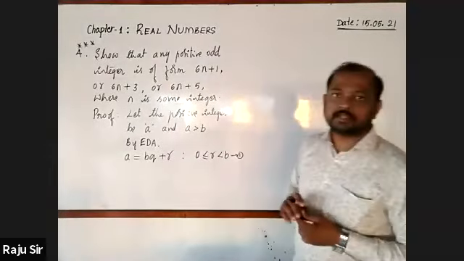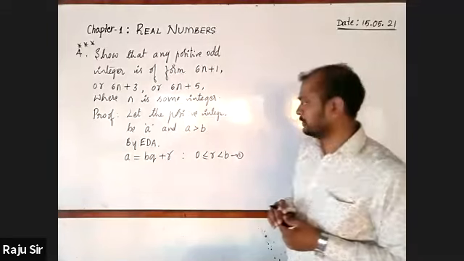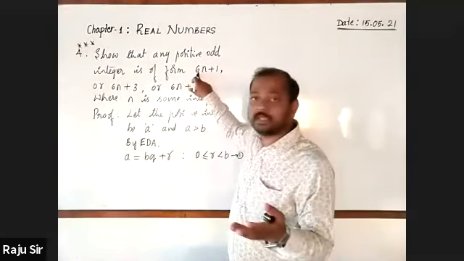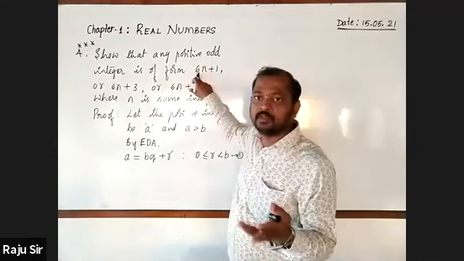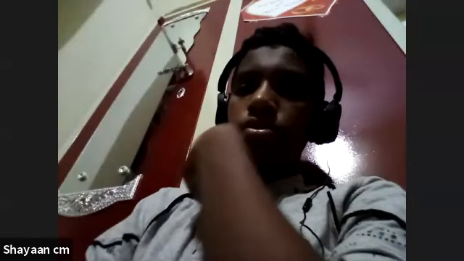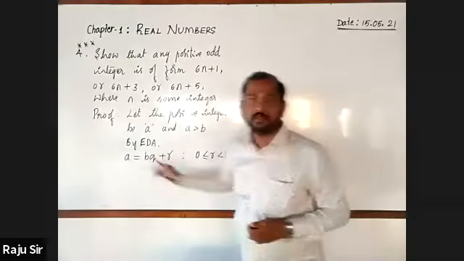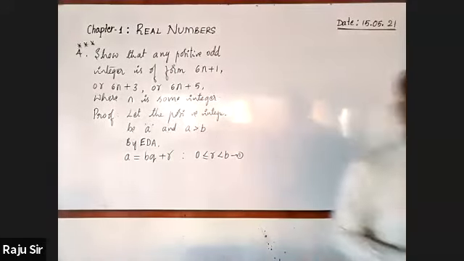You may call this statement 1. Then observe what is in the place of the divisor? 6. Substitute 6 in place of b.